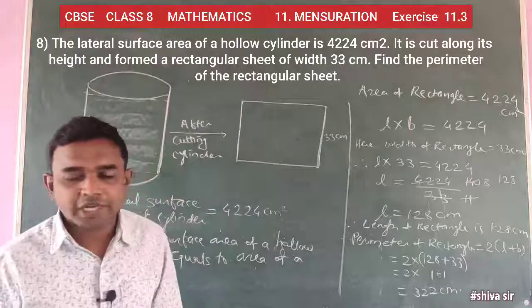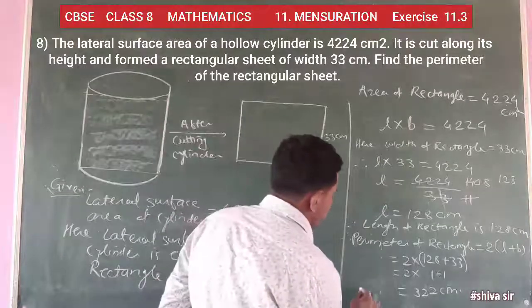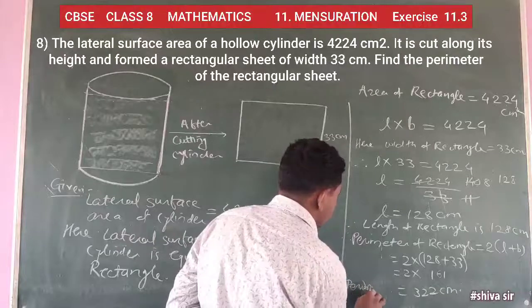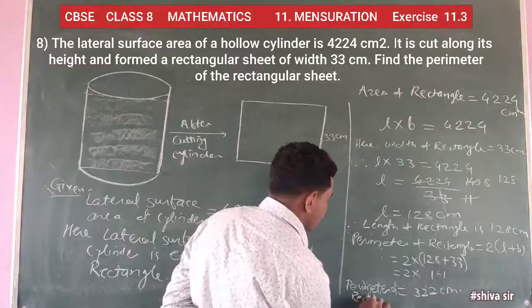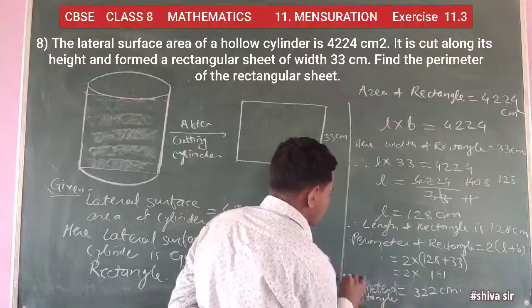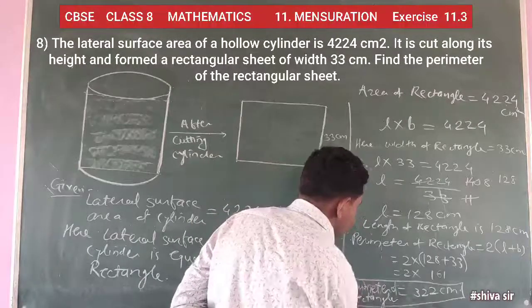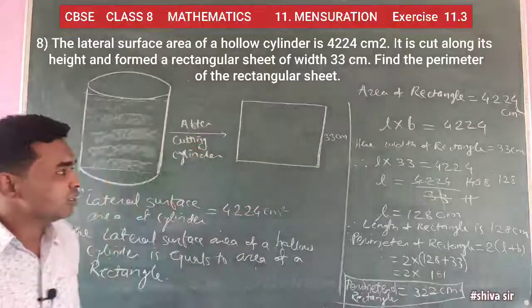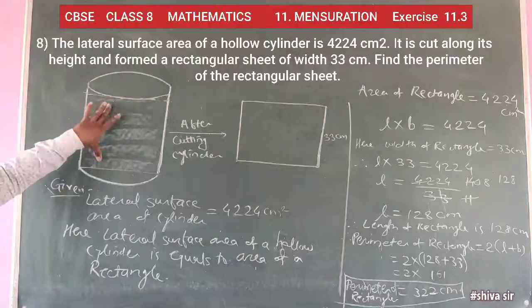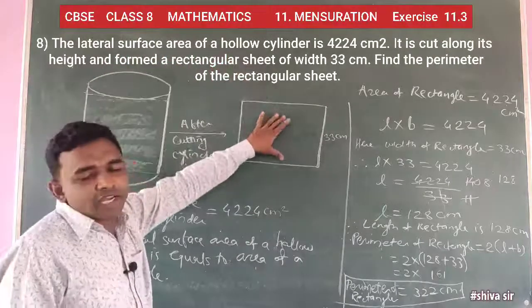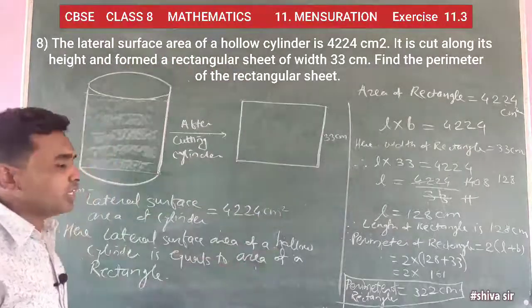So perimeter of rectangle is equal to 322 centimeter. Understand? So here when the hollow cylinder is cut, the cutting portion forms a rectangle.